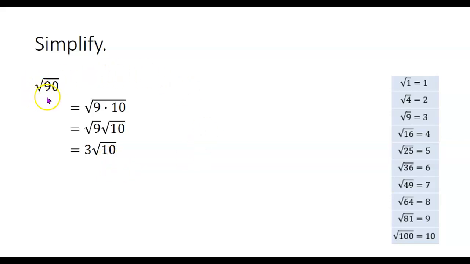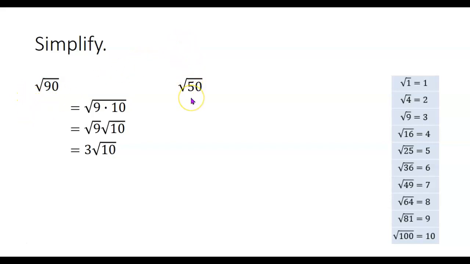So we can simplify the square root of 90 into 3 times the square root of 10. So it still involves the square root of something, but that something is smaller and simpler than the radicand that we started with. So to simplify, we want to get as much as possible out from under the radical sign.